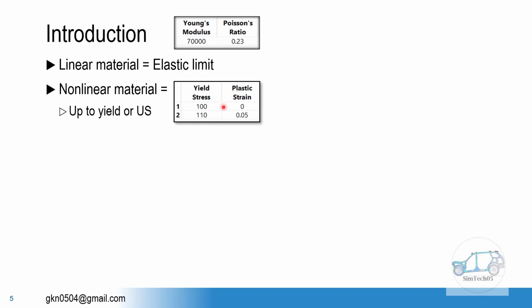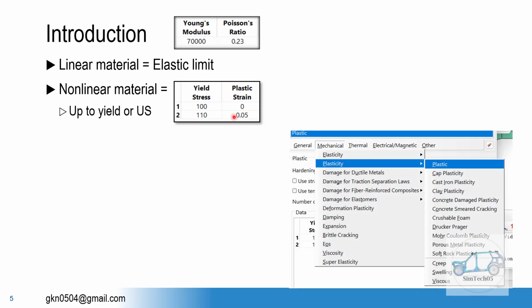Here I consider only two plastic points. The first is the yield point, and then this is the ultimate stress and strain respectively. This is the classical nonlinear theory. But apart from that, we have different plastic material models. For metals, mostly we prefer mechanical plasticity and plastic material.